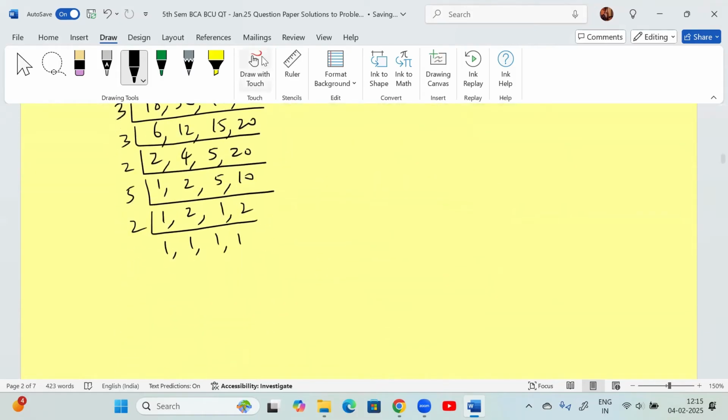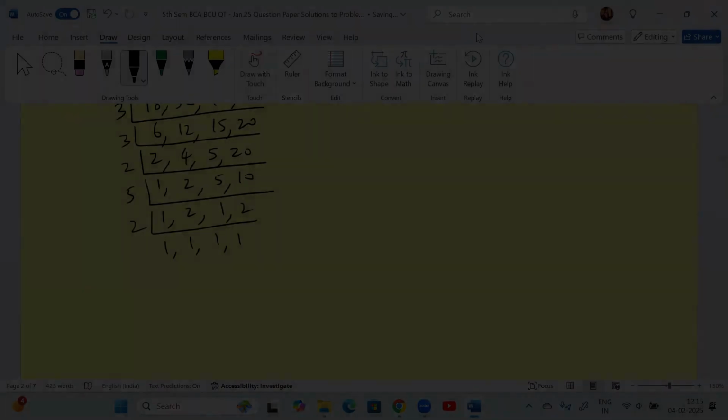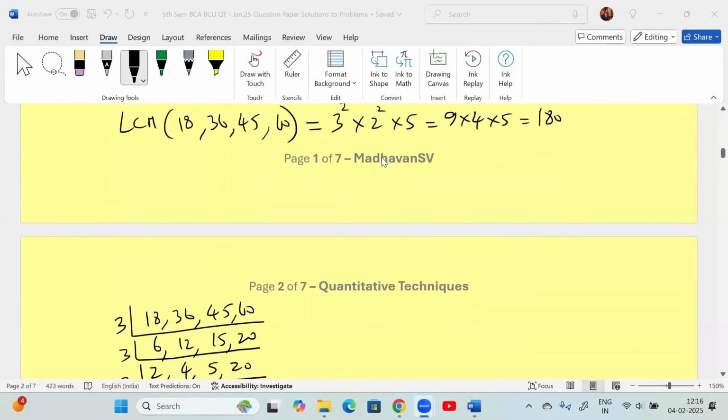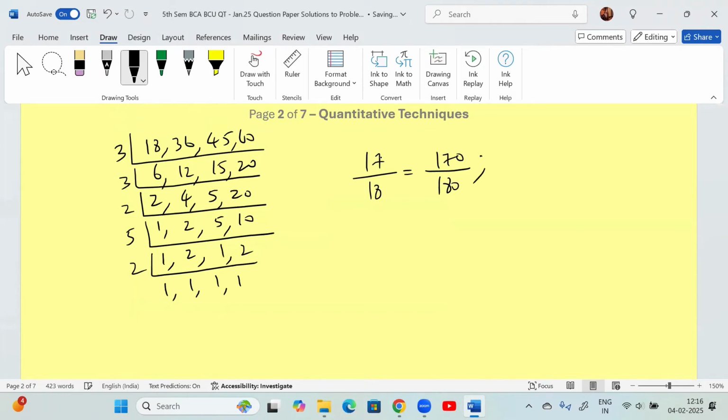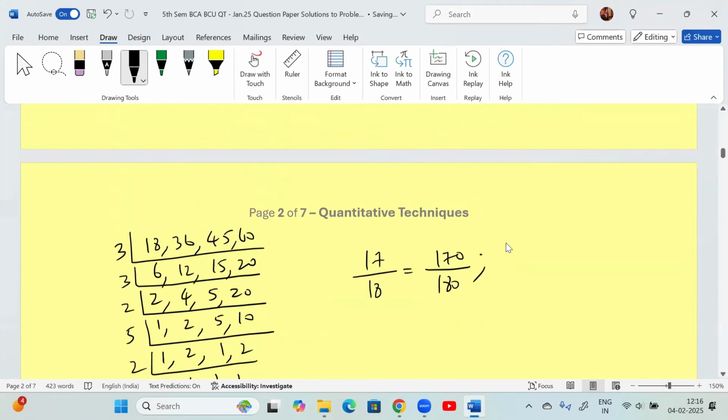So the first fraction is 17 by 18. We need to bring the denominator to 180, which means we are multiplying by 10. So the numerator also will multiply by 10. So it becomes 170 by 180.